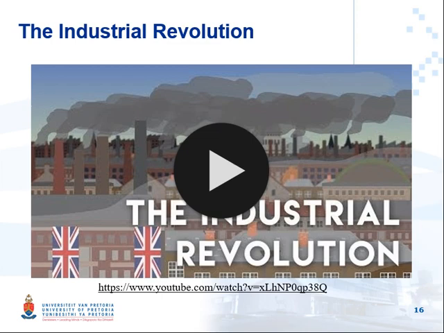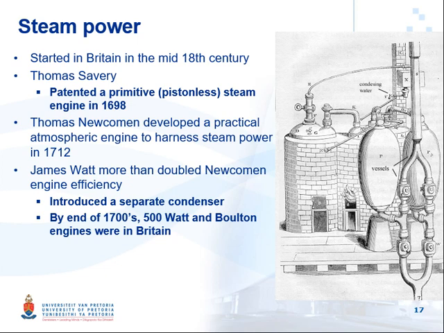In 1698, Thomas Savery introduced the first version of a pistonless steam engine. In 1712, Thomas Newcomen developed a practical atmospheric engine to harness steam power, and then James Watt dramatically improved the effectiveness and efficiency of the Newcomen engine by introducing a separate condenser to maintain it at a low temperature.